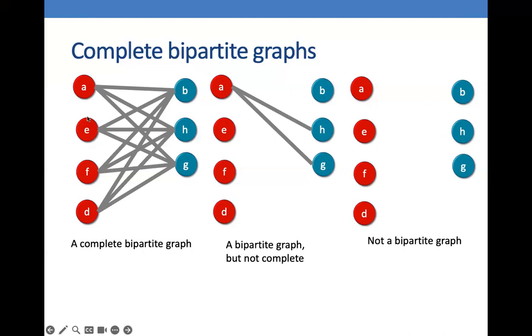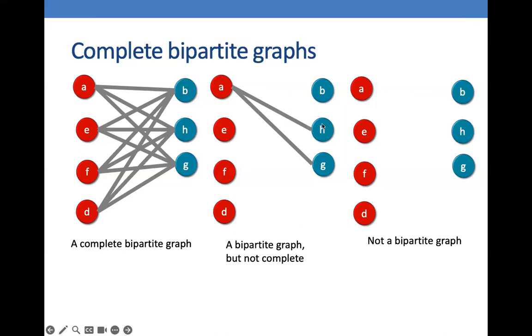Okay, so these red and blue subsets are totally disjoint sets, and every vertex in the red subset is connected with every vertex in the other subset. Okay, so this one is a bipartite graph but not complete. Why?